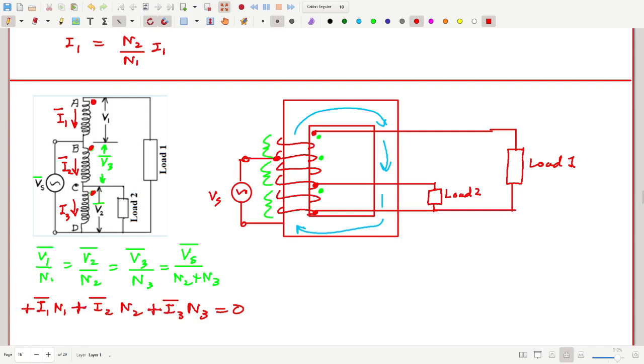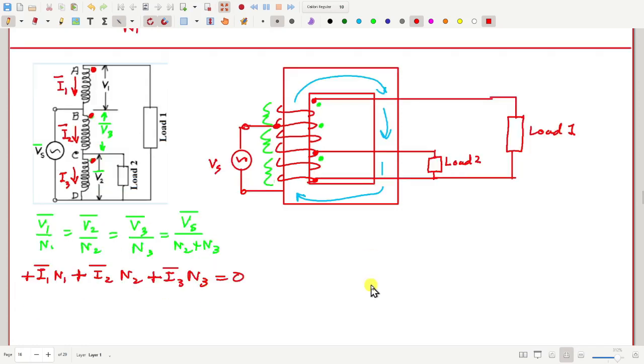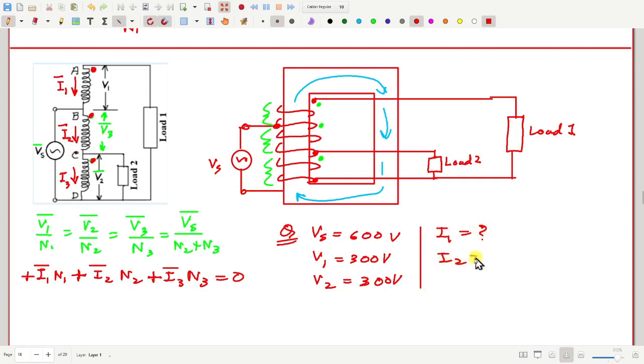Now in this question, what is given? Vs is 600 volt, V1 is 300 volt, V2 is also 300 volt. We have to find the current in these three sections of the coil, AB, BC, CD, how much is the current. So basically we have to find out how much is I1, I2 and I3. What else is given?